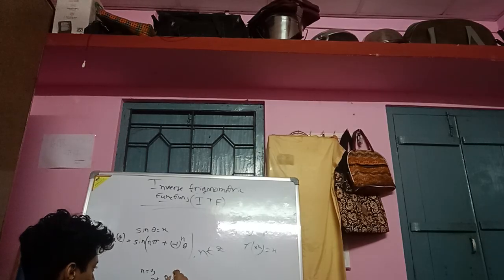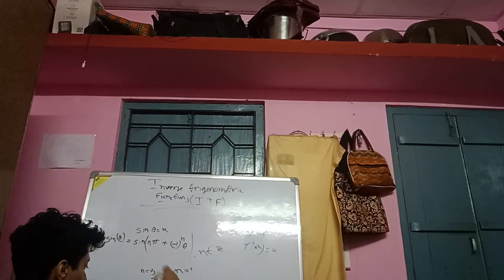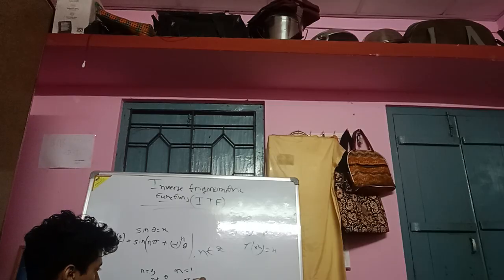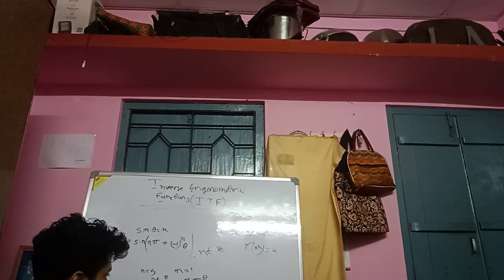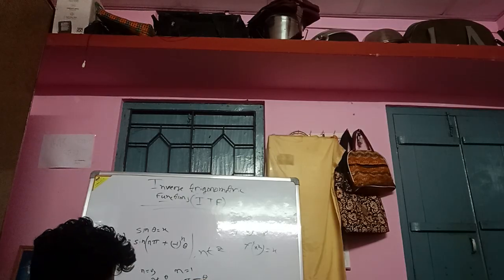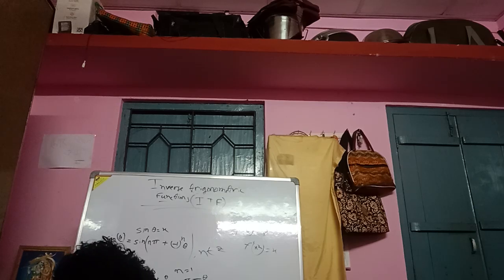And if n was 1, this thing would become pi minus theta. For pi minus theta as well, the output would be the same as theta. So this is how trigonometric functions and inverse trigonometric functions work.